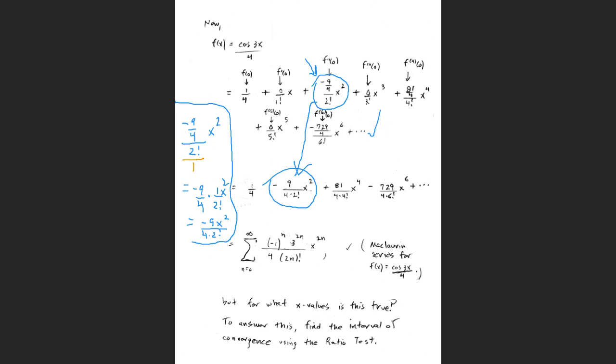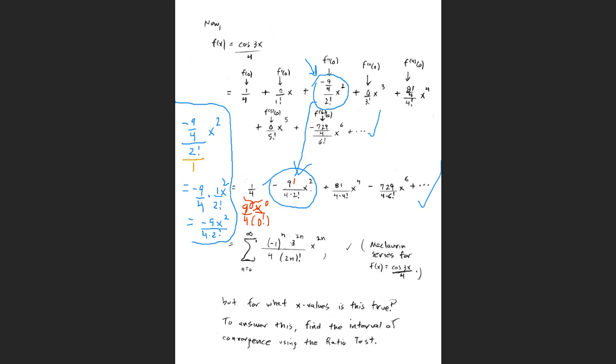Now that we get the power series in this form, we can come up with a formula. So the 1/4, incidentally, you can think of as 1/4 times 0 factorial times x to the 0th power, which is like 9 to the 0th power.